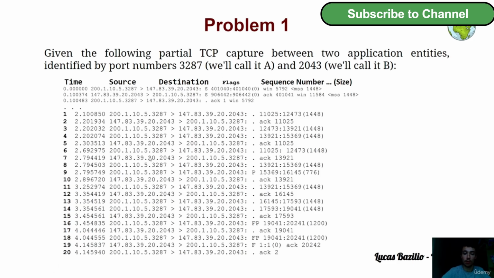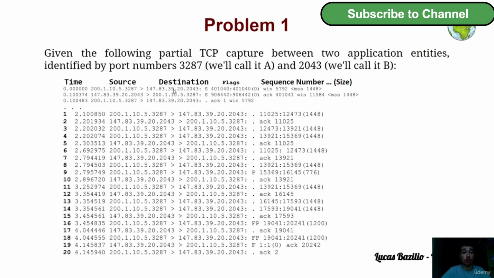Remember that in the lecture on tcpdump, we learned how to interpret and understand these traces, these captures that we see here. First, we have the time column that identifies when the packet was sent. We have the source column, which identifies which application sent this frame.